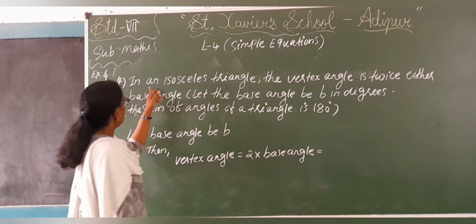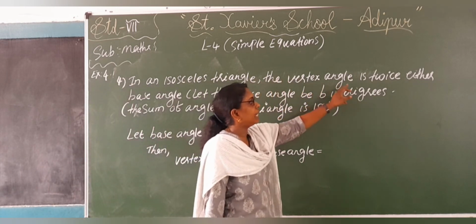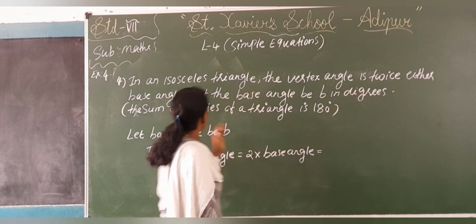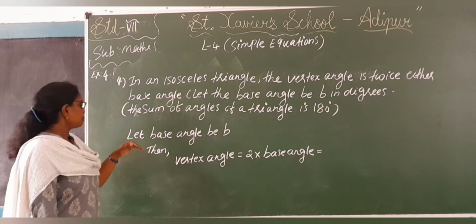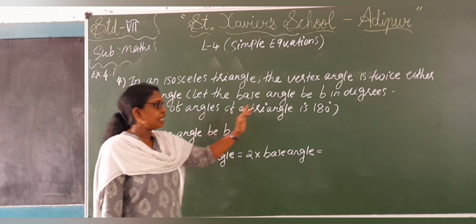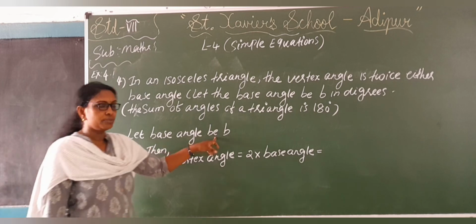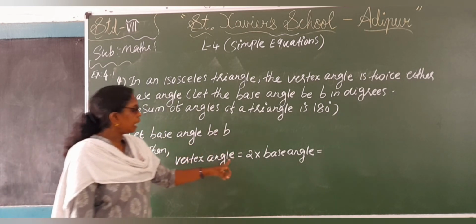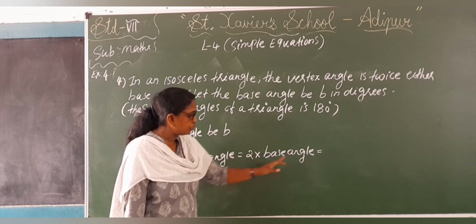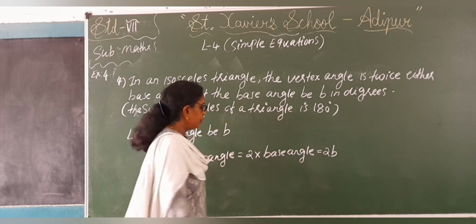Let the base angle be B. Then the vertex angle is 2 times the base angle, which is 2B.